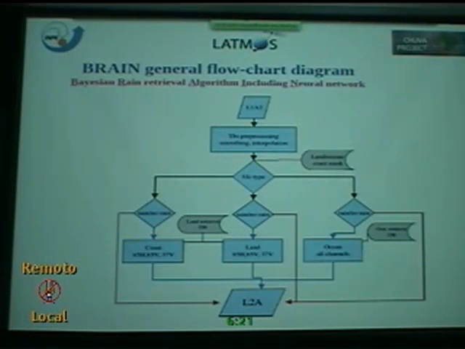It's a precipitation retrieval algorithm using a neural network, and it is very similar to what I said before. First of all, we need to decide which type of surface we are over: land, coast, or ocean. If we are over land, we use the high frequency channels, 85 H and V, and 37. And of course, if we are over ocean, we use all channels.